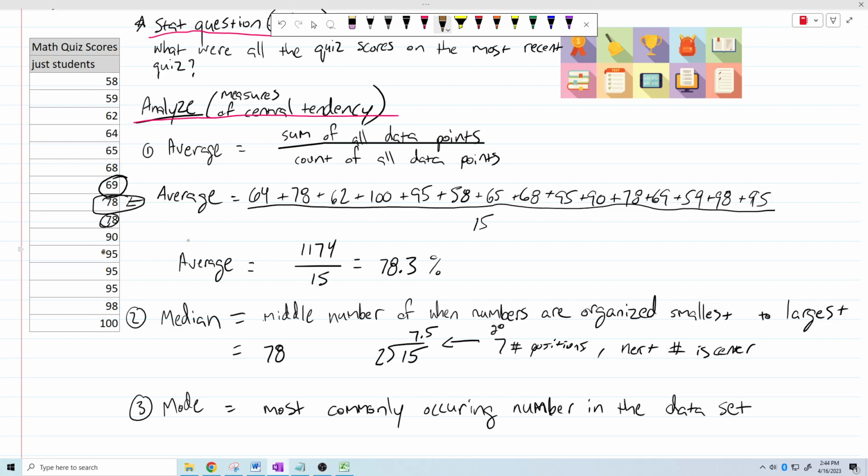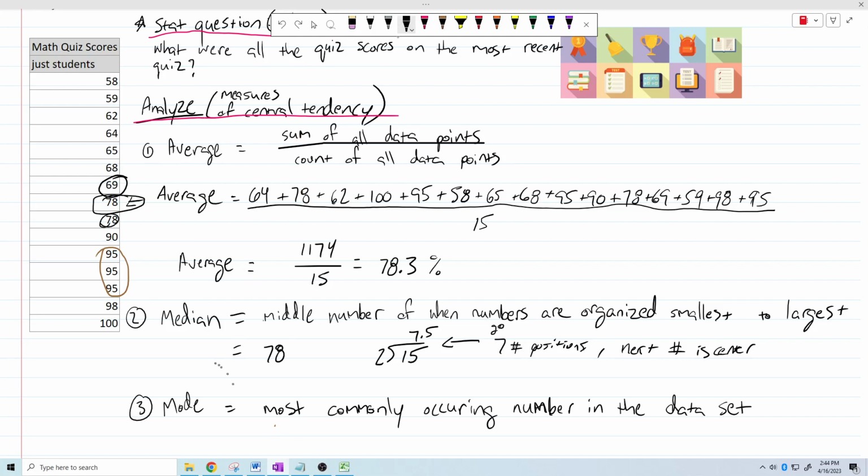It happens to be this number here. I'm seeing it 3 times. I don't see any other number repeating at all, let alone 3 times. 3 times is the most. This number happens to be the number that repeats the most, and the only one that repeats. Therefore, by default, boom, that is the mode, 95. 95 is the mode.